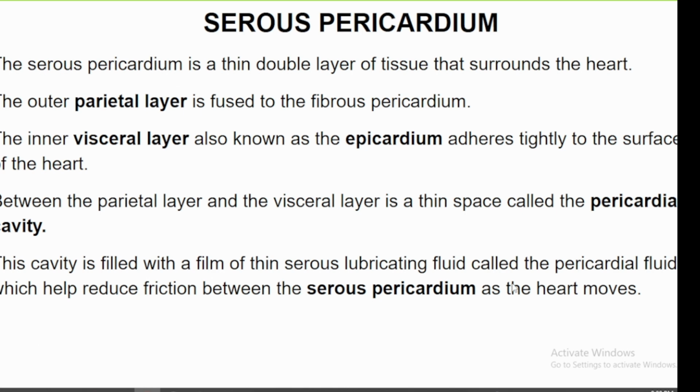All right, so now we are on the serous pericardium. If you are new here, we are just talking about the heart. We've already started looking at the position of the heart, and now we are looking at the outer or external structures of the heart. With the external structures of the heart, we have the pericardium, the myocardium, and the endocardium.